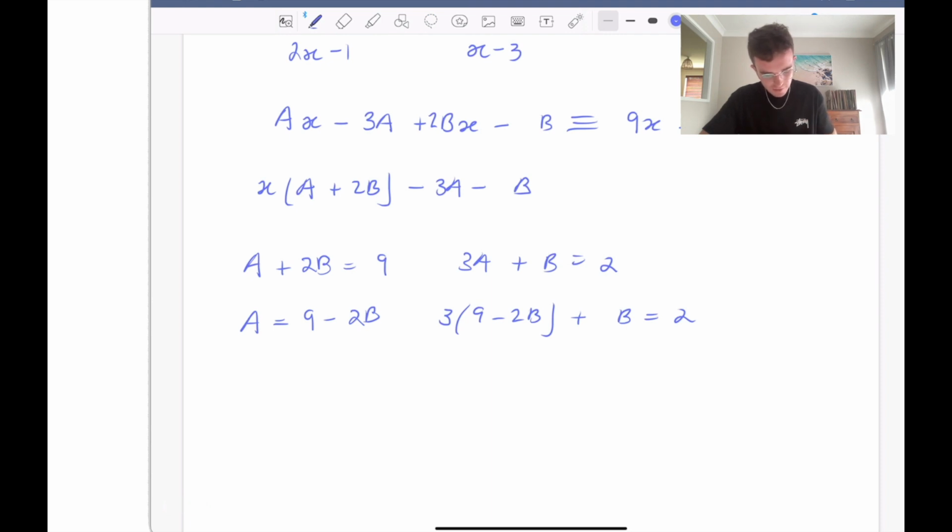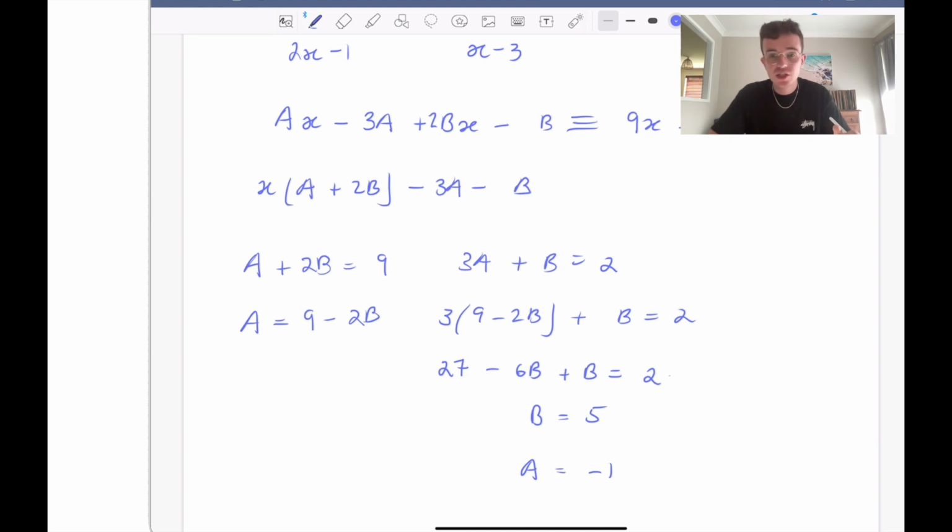So instead, I might just do this the long way: 27 minus 6b plus b equals 2, which is much better, which means b is equal to 5. Which means a is going to equal 9 minus 10, which is minus 1.